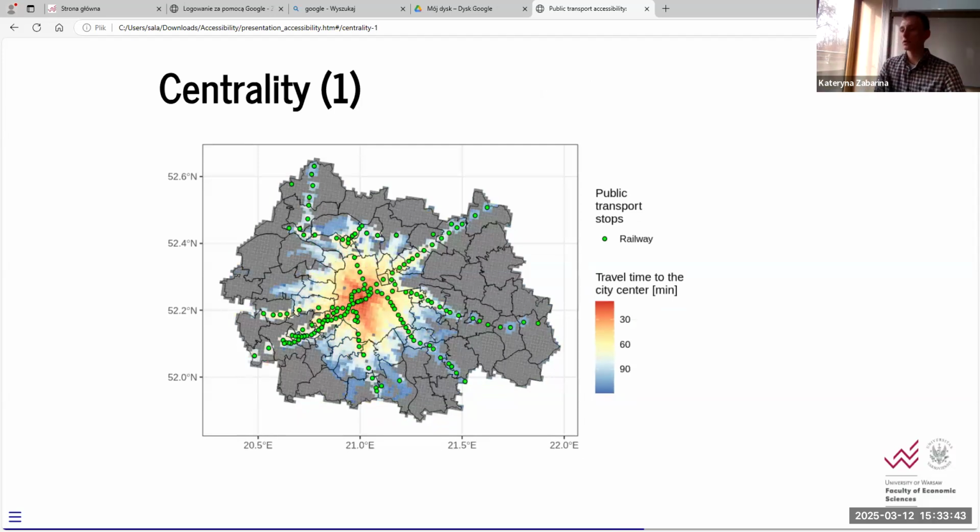And what we can also see from the previous slide is the intuition that accessibility is somehow connected with travel time to the city center, is correlated. Here we can see the measure of travel time to the city center.